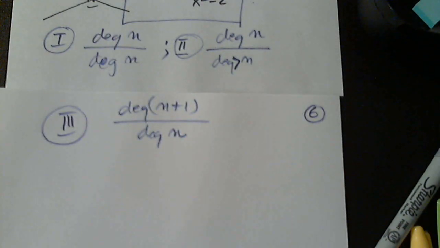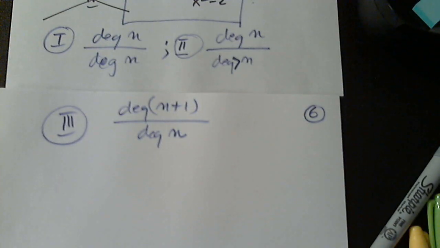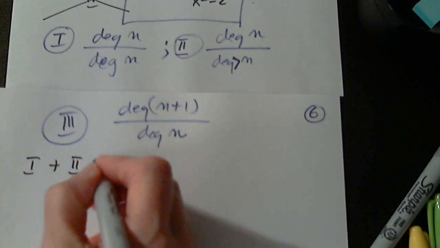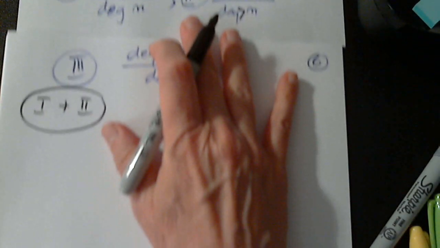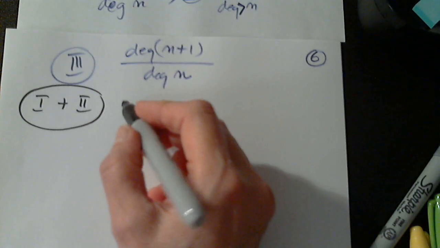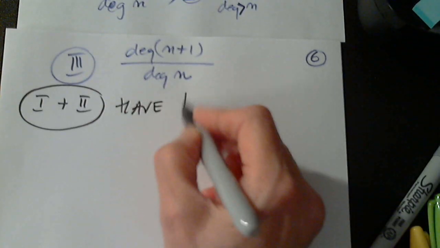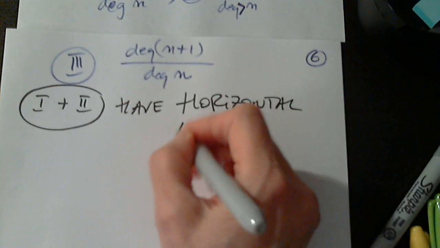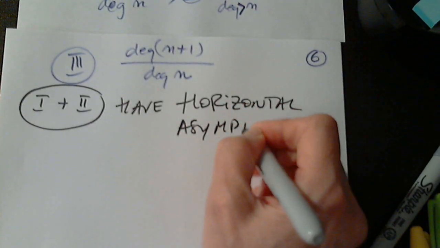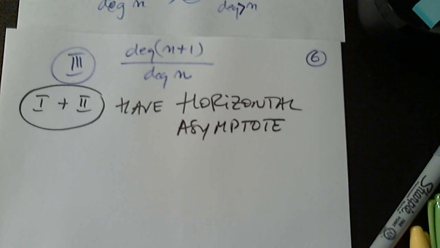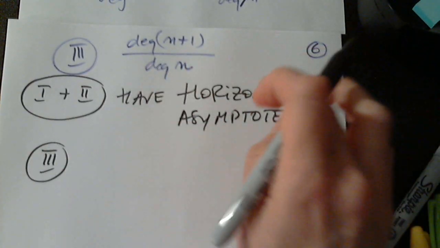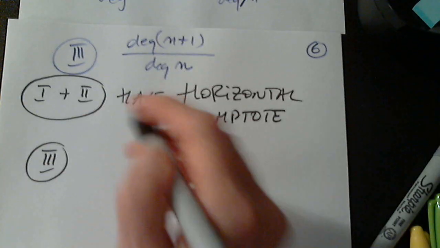Okay, what are the differences? These two, number 1 and 2, have horizontal asymptotes or asymptote. Number 3 does not have a horizontal asymptote.